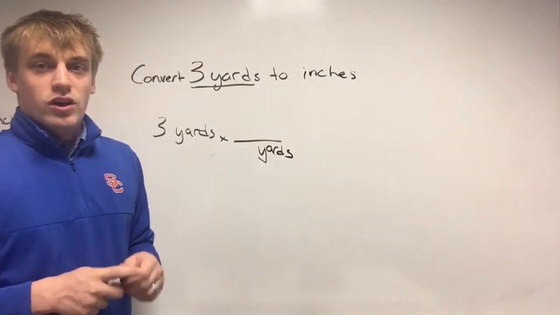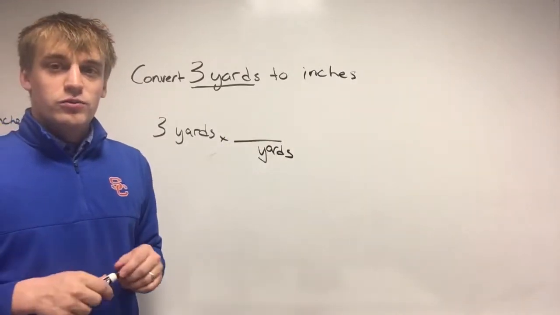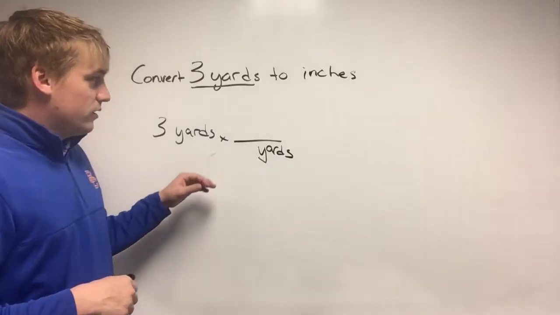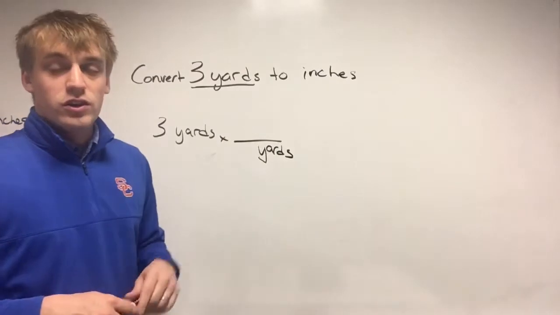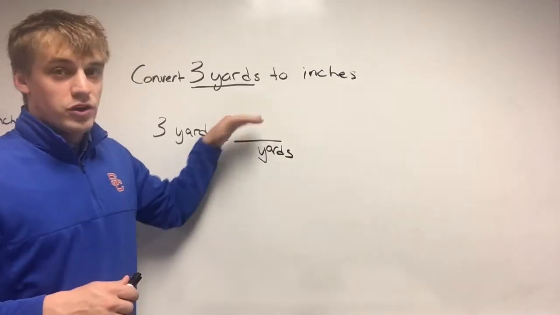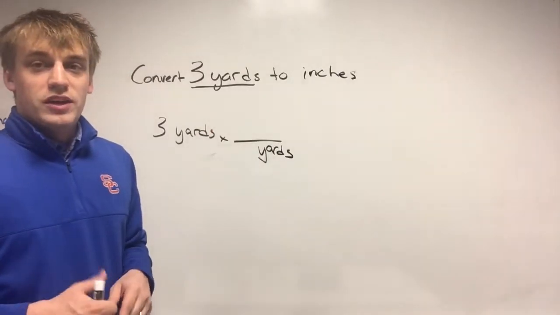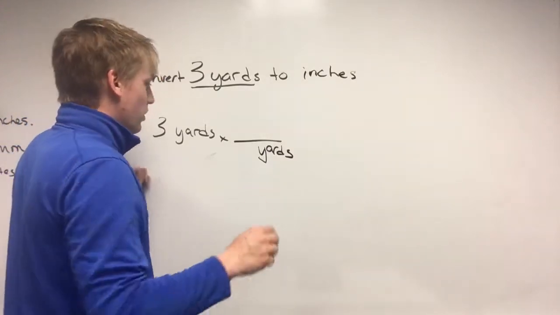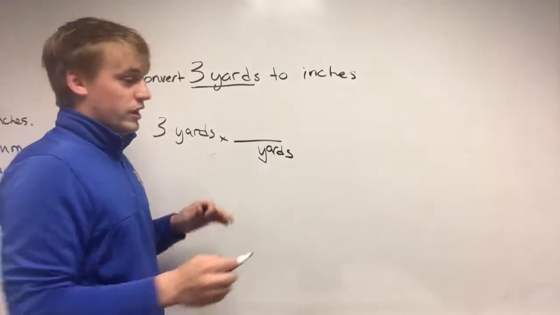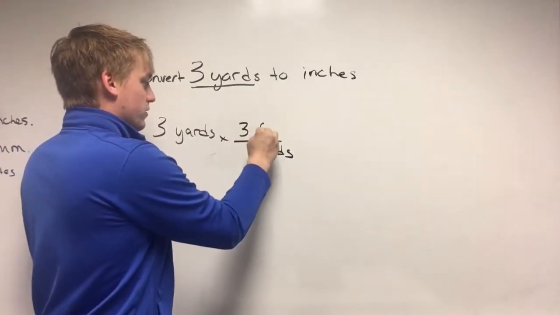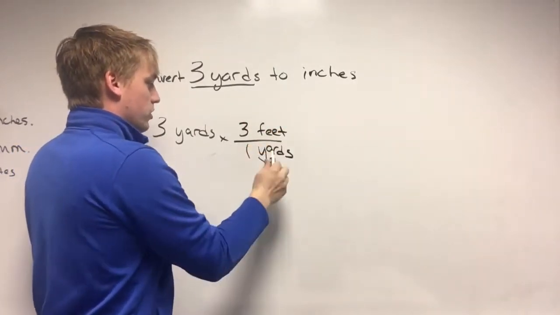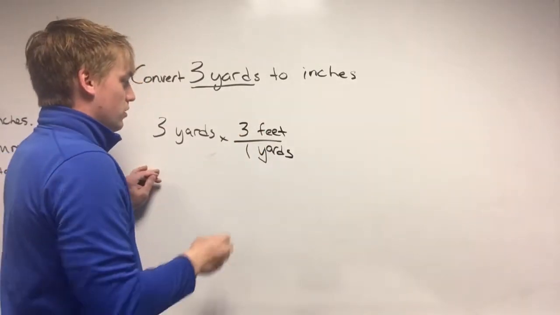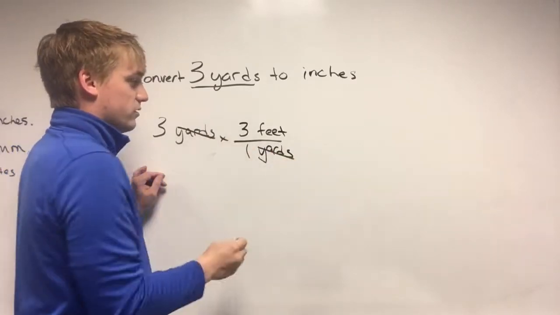On your conversion sheet where you wrote the conversions down, you don't have anything that goes from yards to inches. So we have to have a conversion in between. According to that sheet, there are 3 feet in 1 yard, and that gets us closer to inches. So these labels cancel.